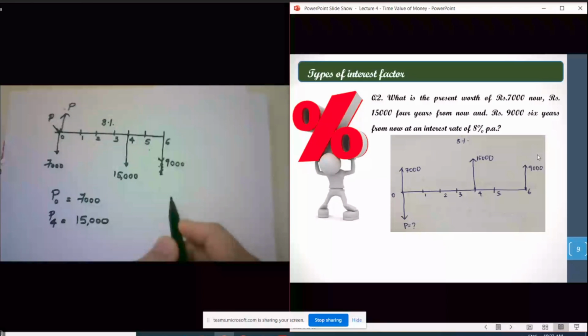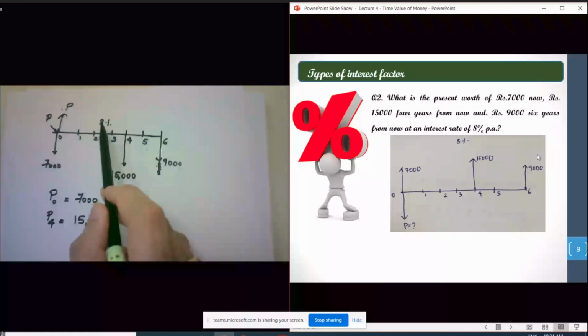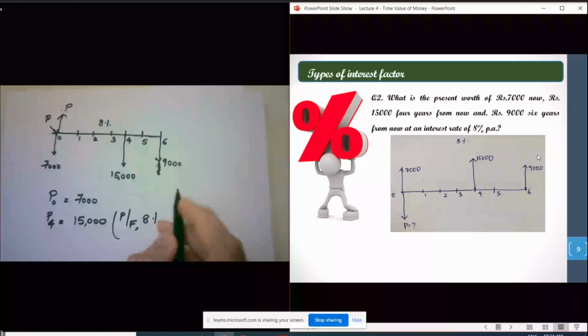So I will use the symbolic representation of the formula, P by F. Interest rate is 8%, and I have to go by 1, 2, 3 and 4 steps to reach 0. If you are using the formula, it will be P divided by 1 plus I to the power 4. So some value you will get here.